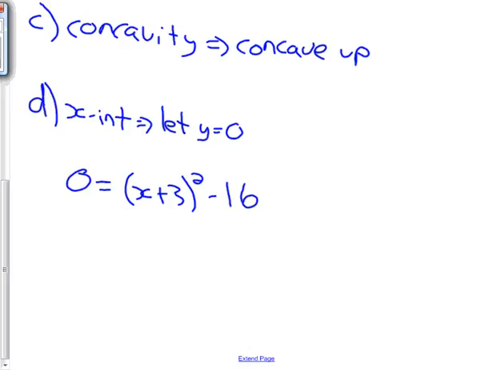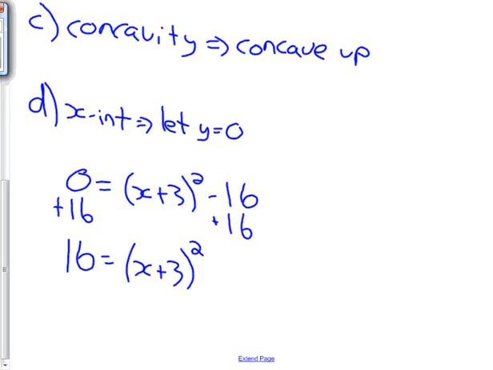So I want to solve for x. I'm going to add 16 to both sides. Get the x plus 3 squared by itself. So I take the square root of it. So square root both things now.